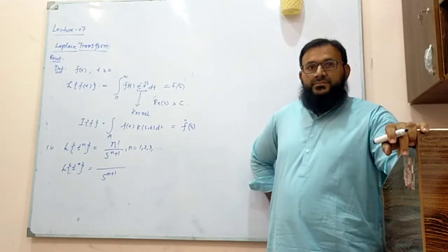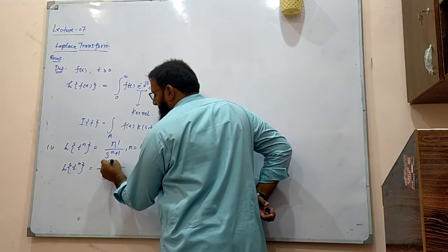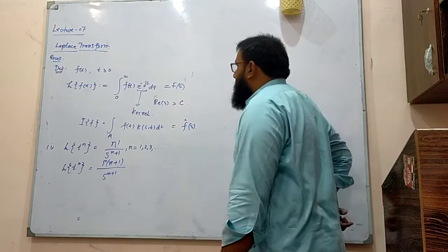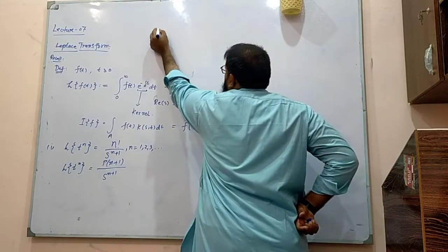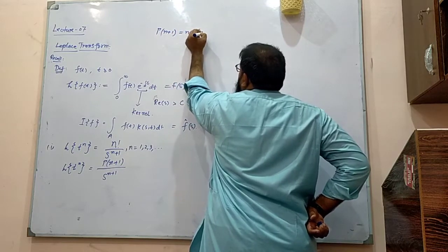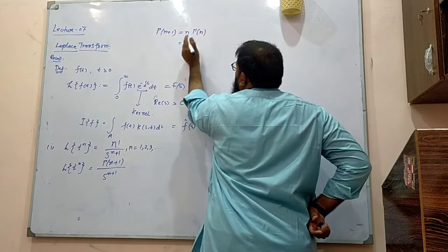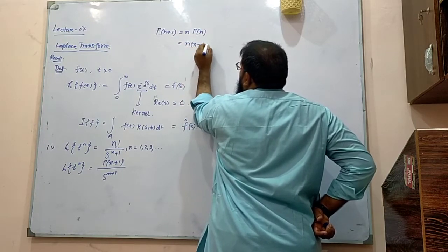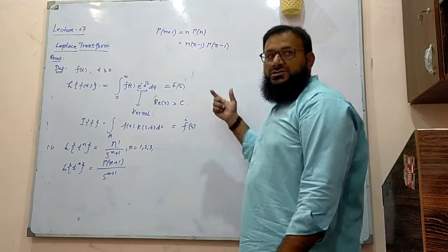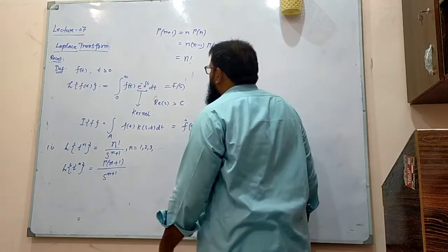The Laplace transform of t to the power n keeps s to the power n plus 1 in the denominator, and n factorial becomes, in the form of the gamma function, gamma of n plus 1. You know very well that gamma of n plus 1 is n times gamma of n using the recurrence relation, and gamma of n is n minus 1 times gamma of n minus 1, and this goes on, so the right hand side becomes n factorial.